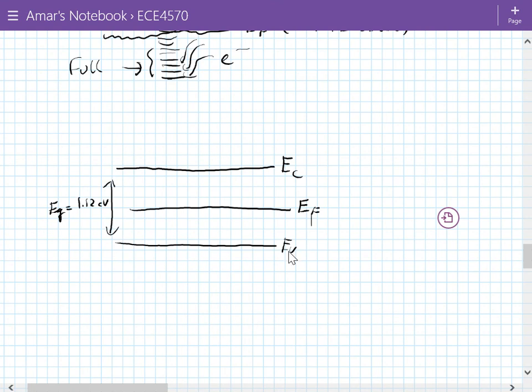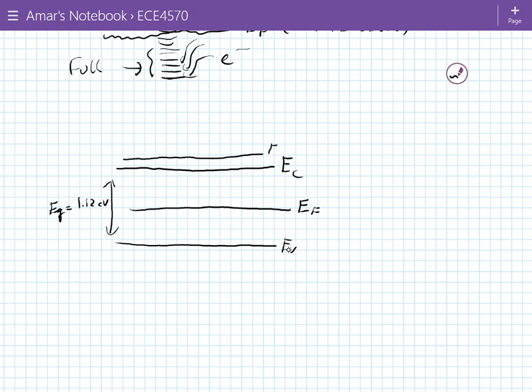If we dope it high enough, the Fermi level can actually go above the conduction band. This is the case where you'd have a semiconductor acting as a metal. A very highly doped semiconductor will become very conductive and act like a metal, if the Fermi level is above EC.